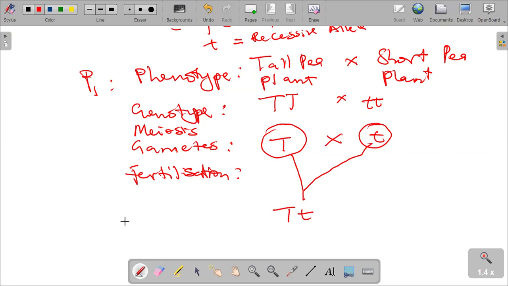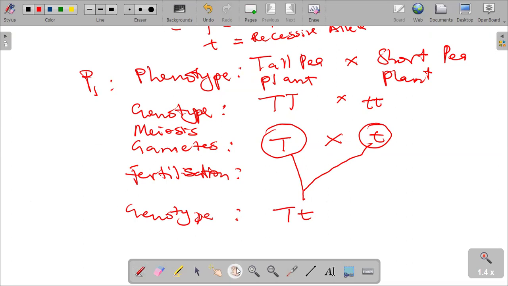Let's not forget that this is also the genotype, because it's the genetic makeup. It is still our genotype that is given there.